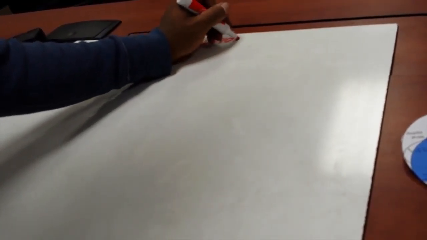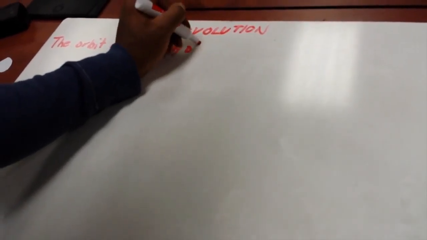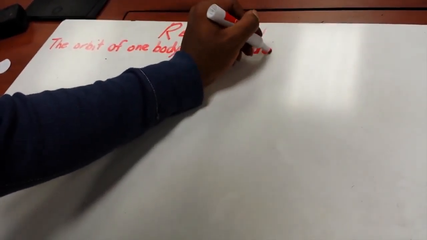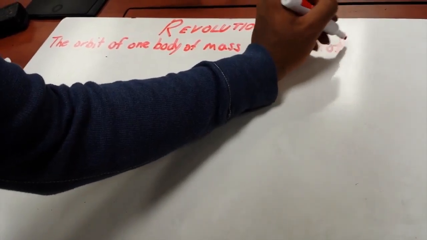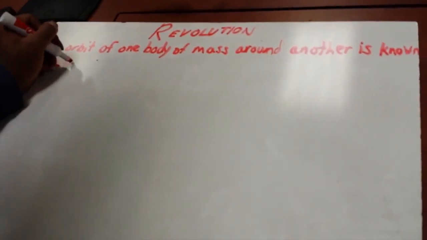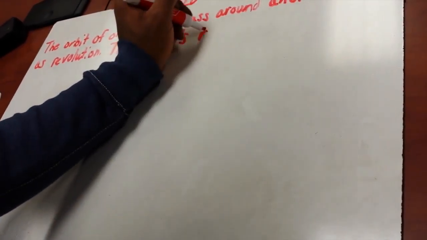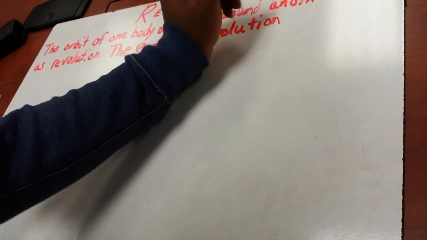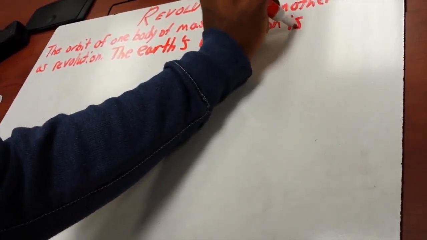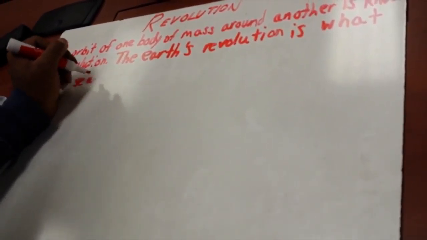So it's here where we're discussing revolution. Revolution is the orbit of a body of mass around another. As the marker so eloquently puts it, the Earth's orbit around the sun is what causes seasons. You know, you have summer, autumn, winter, and spring.